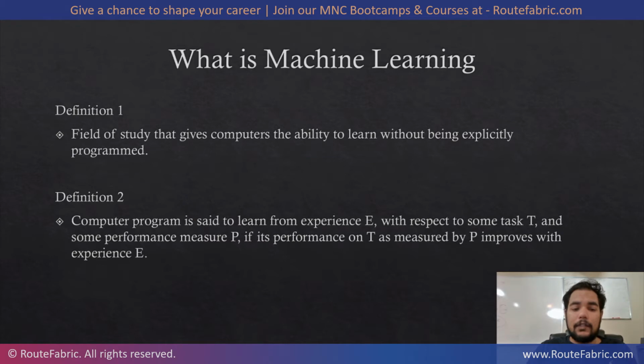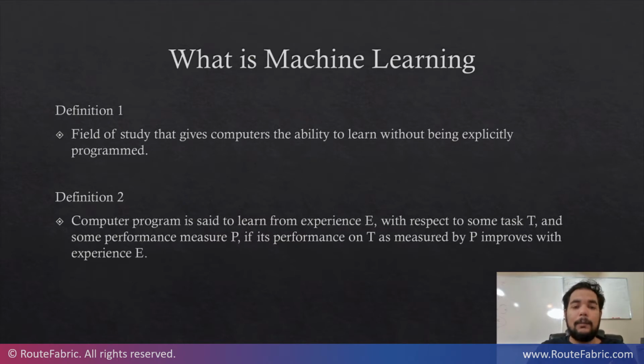The other definition is that a computer program is said to learn from experience E with respect to some task T and some performance measure P, if its performance on T as measured by P improves with experience E.